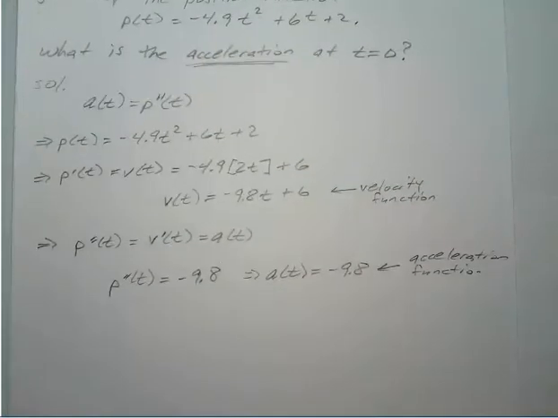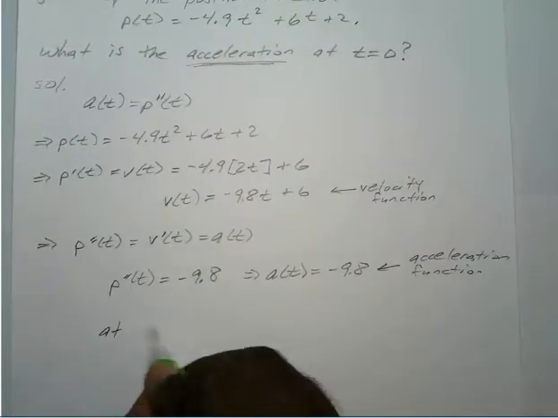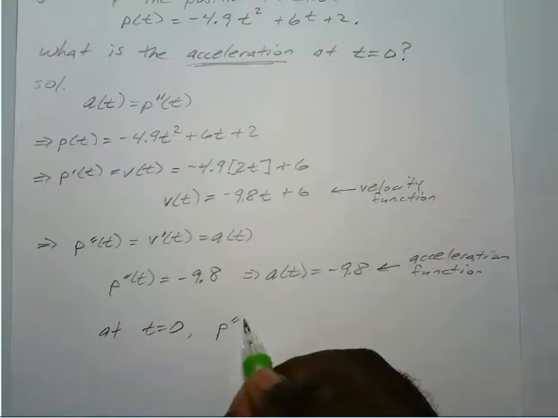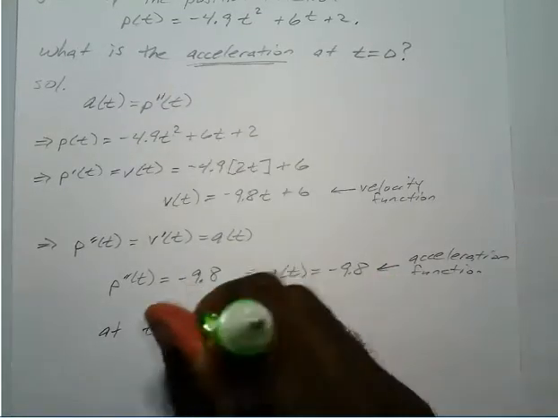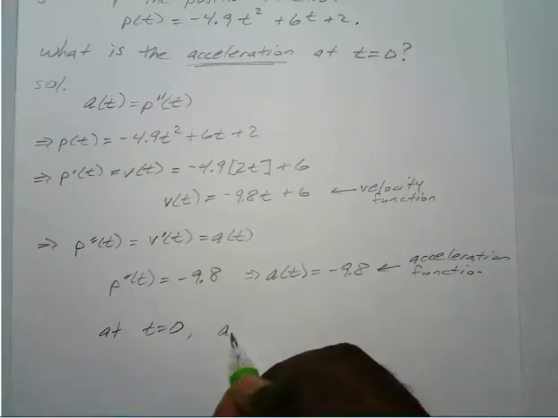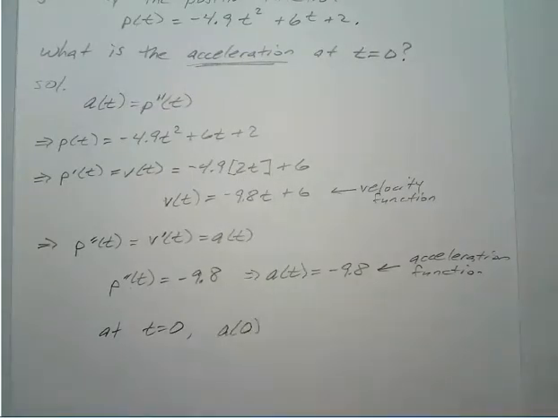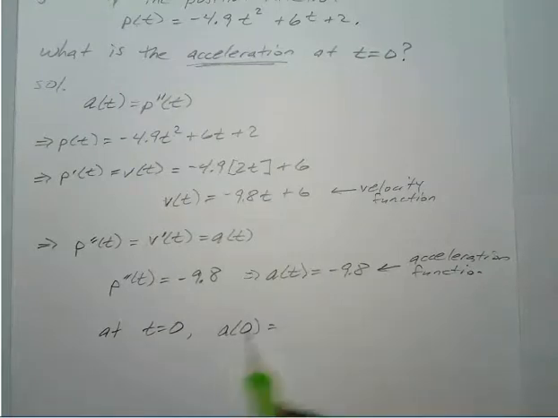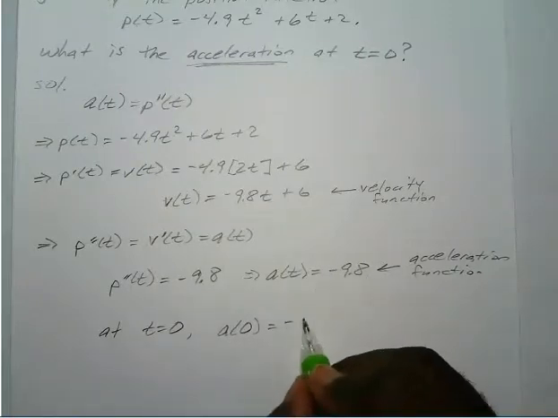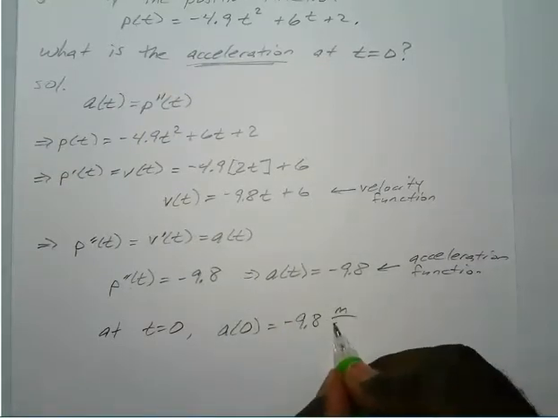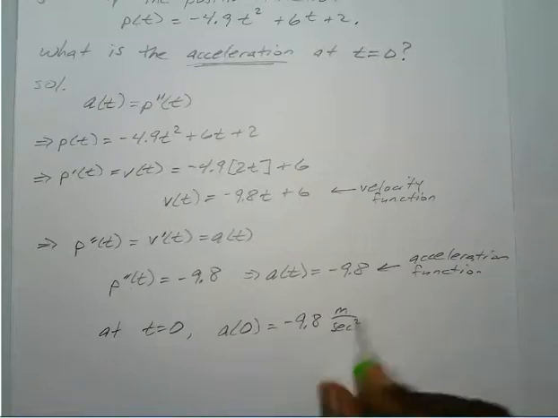Alright, now at t equals 0, I'll go ahead and use the actual acceleration function at 0 equals, there's no t to replace with 0, so it's just negative 9.8. And for the acceleration function, it's meters per second squared.